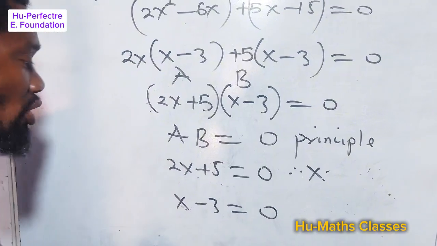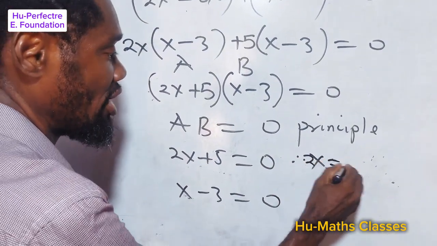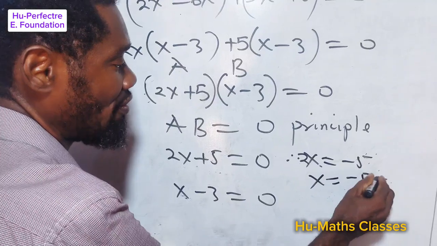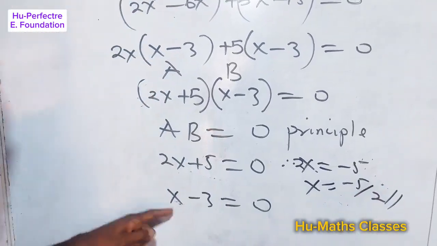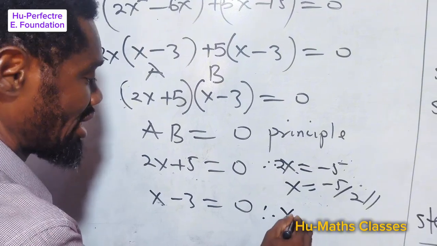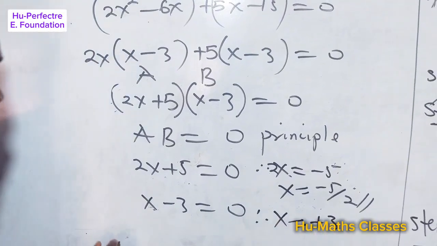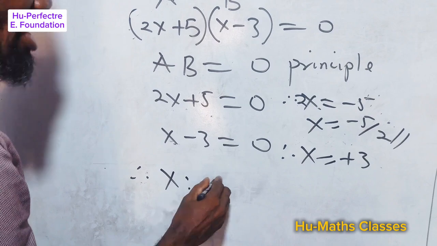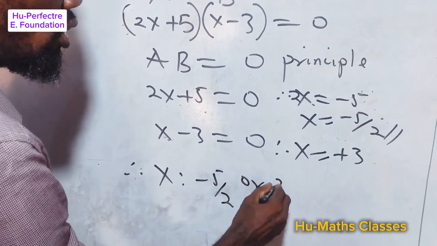Let me just leave it for 2x alone. 2x is equal to minus 5. Then let's make x the subject. Now we'll be having minus 5 over 2 as a result. In this other case, x minus 3 is equal to 0. We'll be saying that x is equal to plus 3. So the two factors of x are minus 5 over 2 or 3.